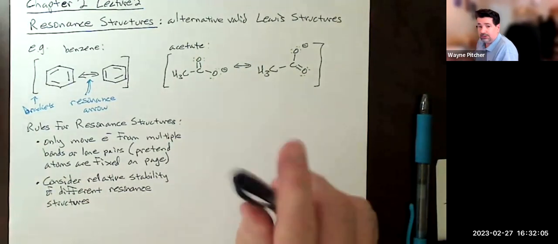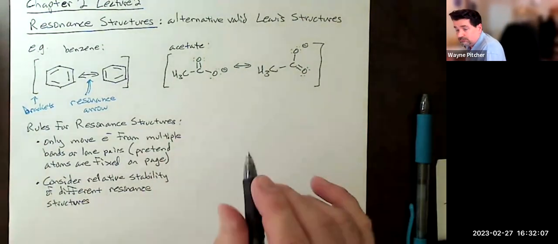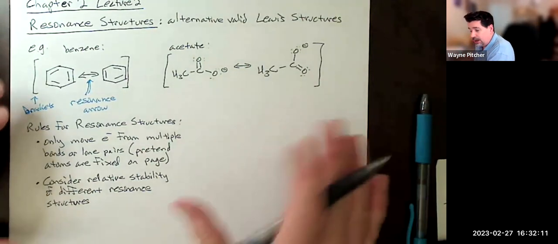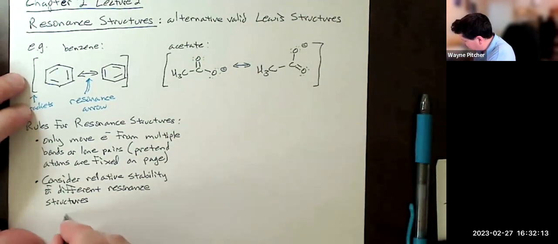If we have a complete octet, so go back to drawing Lewis structures, that's going to be more stable.